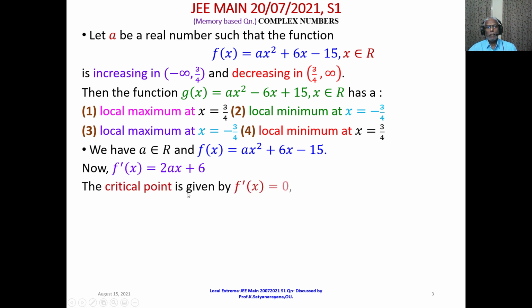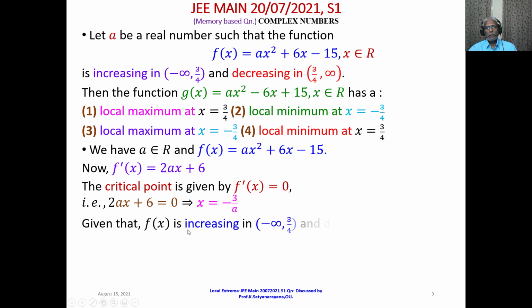The critical point is given by f prime x is equal to 0, that is 2ax plus 6 is equal to 0. That implies x is equal to minus 3 by a. So we will use the information that it is increasing in this interval and decreasing in this interval.